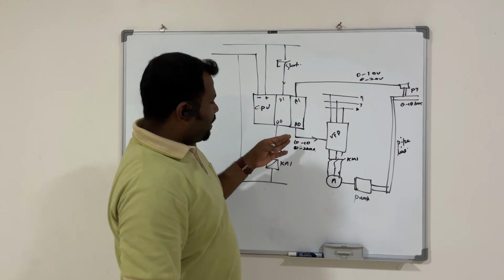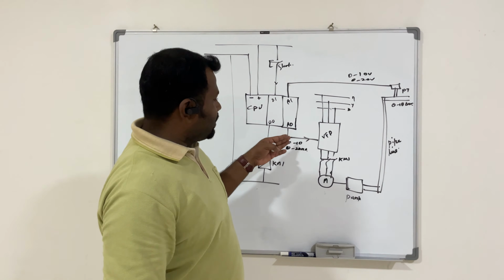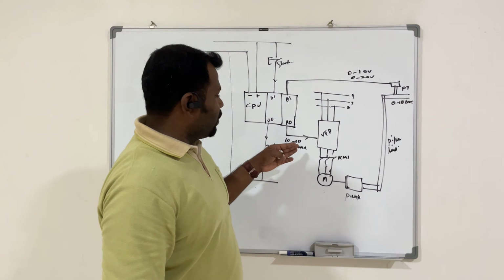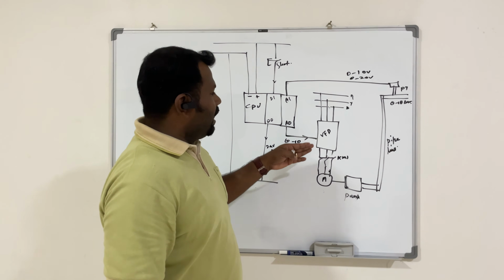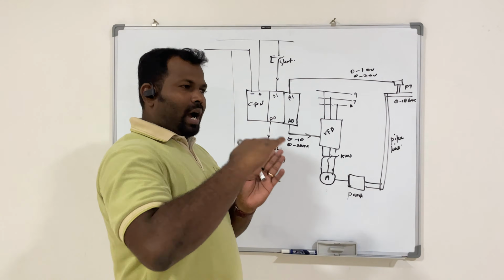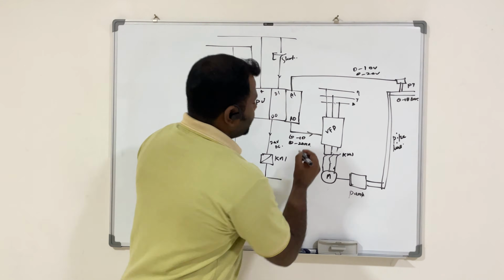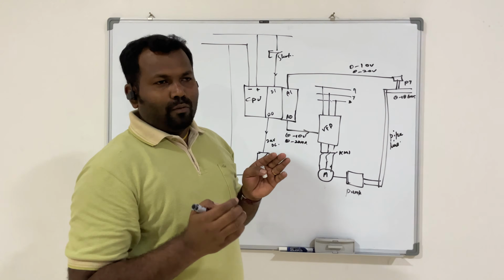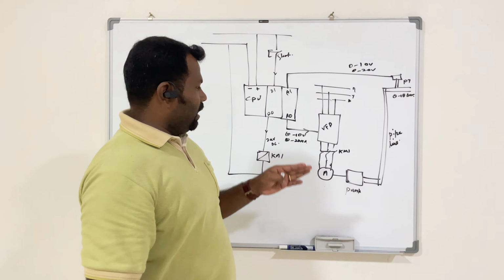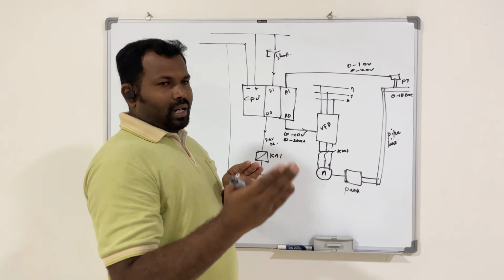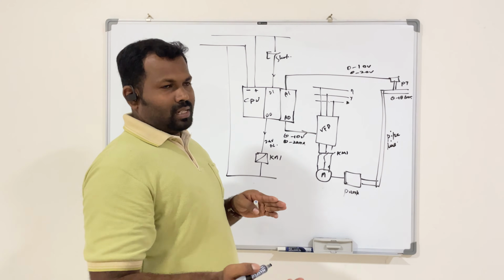When the PLC gives 0 to 10 volt or 0 to 20 milliampere to the VFD, the VFD converts it to 0 to 100% speed. If the PLC gives 10 volt, the VFD will run at full speed, 100%. If it gives 5 volt, it will run at 50%.